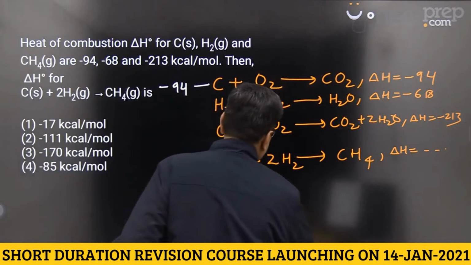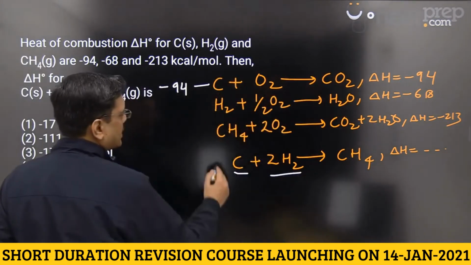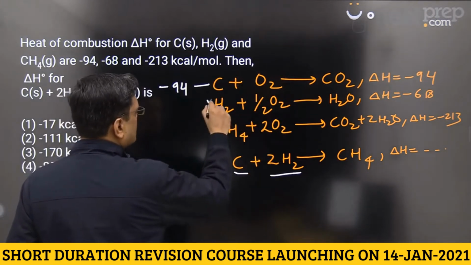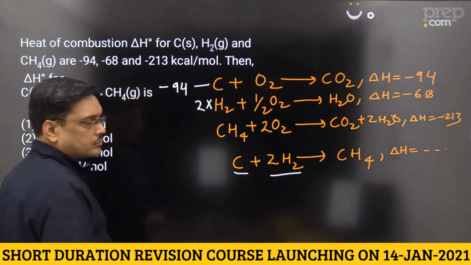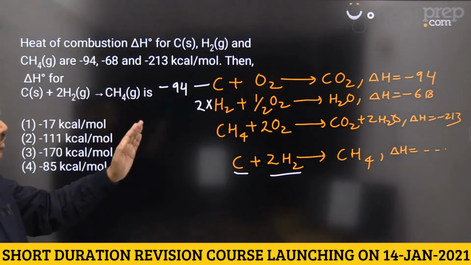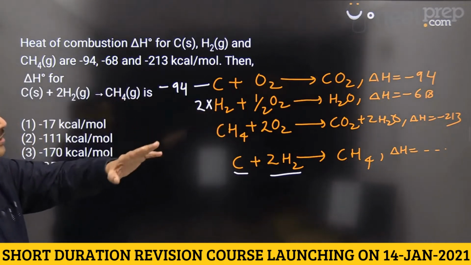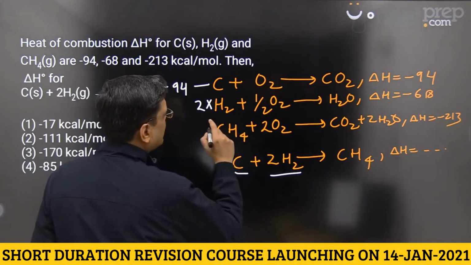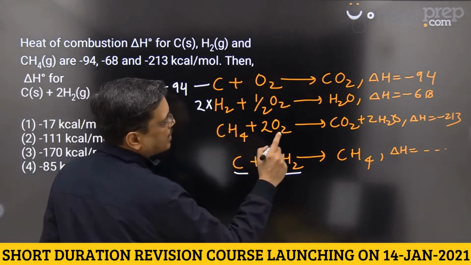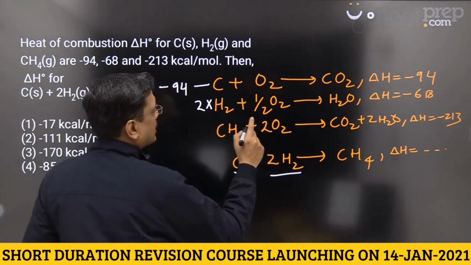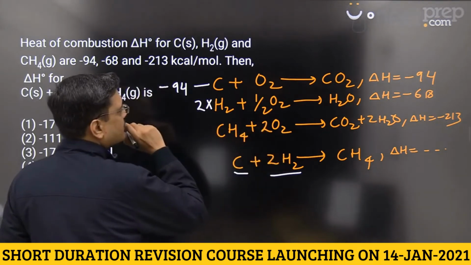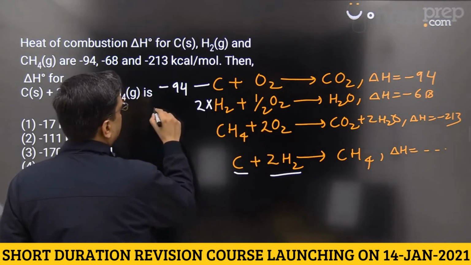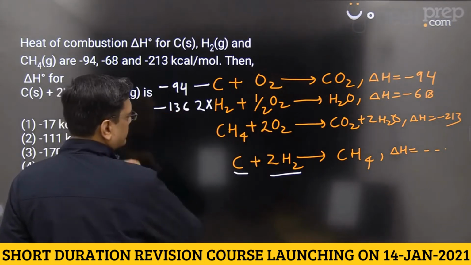Now 2H2. See here H2 is present, but we require 2, so the whole equation must be multiplied by 2. So delta H must be multiplied by 2, and after multiplication by 2, how much does it become? minus 136.